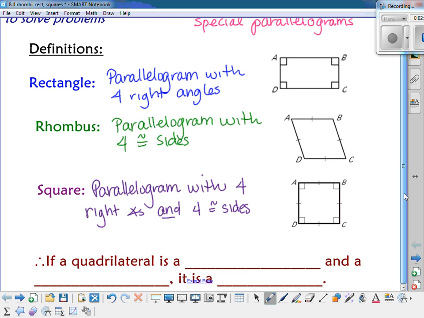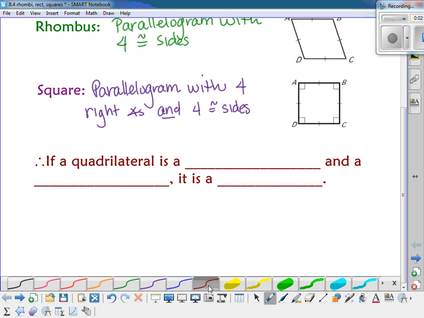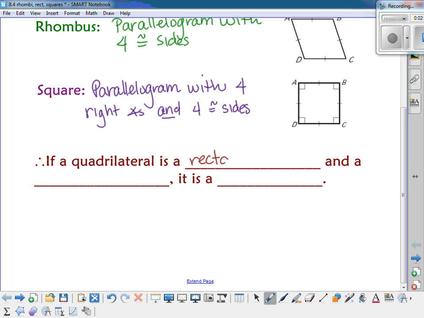So that means if a quadrilateral is a rectangle and a rhombus, if it's both of those, it's a square.